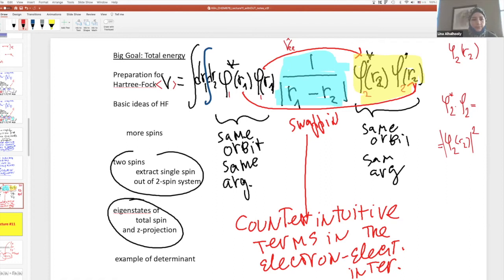So the definition of this is the probability to find the particle in a range of space. So if we multiply this, the expectation value, with the dR2, for example, this would be the probability to find the particle in this distance dR2.